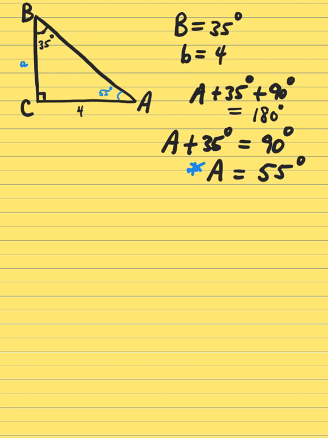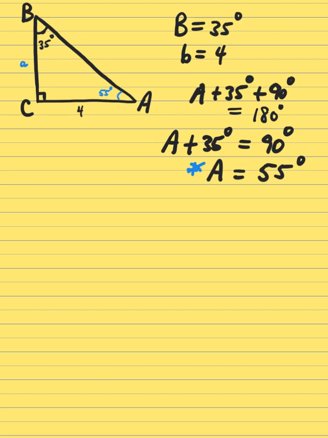If we use 35 degrees, then we're going to need to use tangent, because tangent of 35 is equal to 4 over a, opposite over adjacent. We could also use angle A at 55 degrees, because a and 4 are also tangent. And then we can look at it this way: tangent of 55 is equal to a over 4. And I think that's the way I want to tackle it.